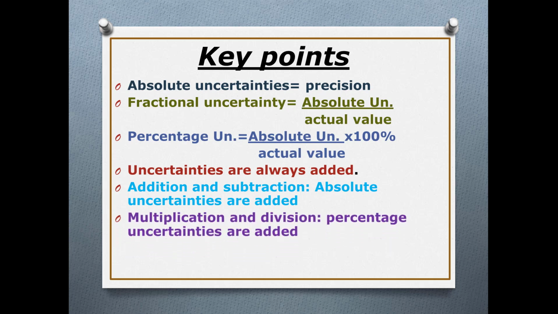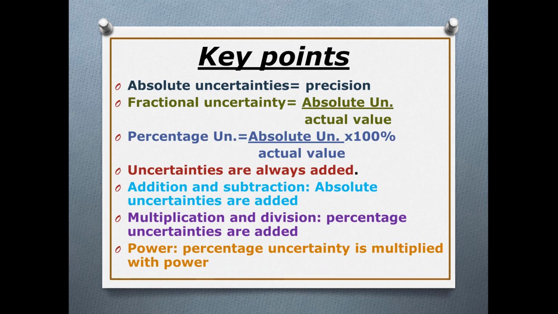In multiplication and division, we first find the percentage uncertainties of the given values, add those percentage uncertainties, and in the end convert back into absolute uncertainties. In power questions, we first find the percentage uncertainty in the power factor, and then multiply that percentage uncertainty with the power.